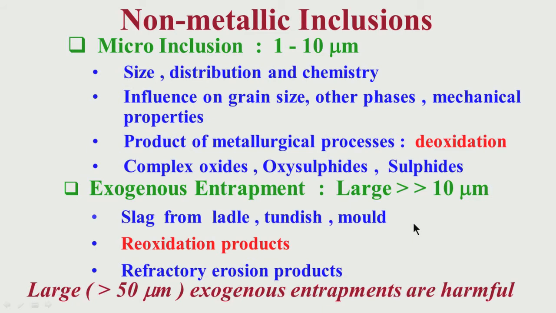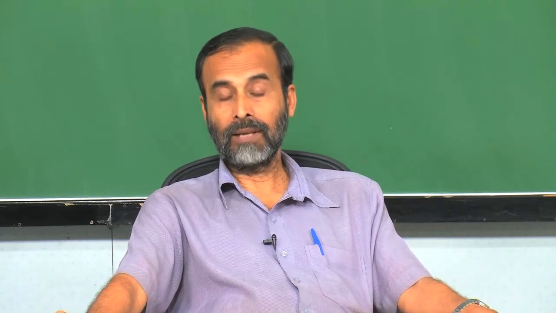These slags are basically different types of oxides, either calcium oxide or magnesium oxide, or to some extent manganese oxide and iron oxide. There can be sulfides, because when you are removing sulfur, the sulfur goes to the slag. There can be calcium sulfide, and there can be fluorides, like in mold slag and tundish slag. All these constituents might create problems if they get entrapped, and interestingly they are large in size, unlike micro inclusions.